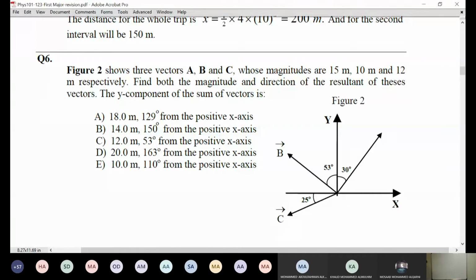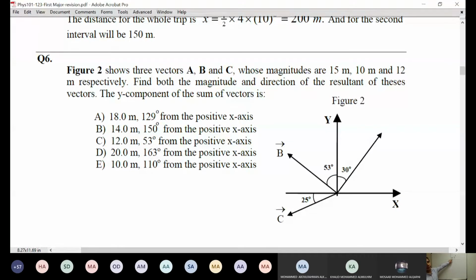When you look at this diagram, what you have is one of the vectors, vector A, and it is making a 30-degree angle here. When I'm using this angle, I can use this one, or I can use the angle with respect to the x-axis.